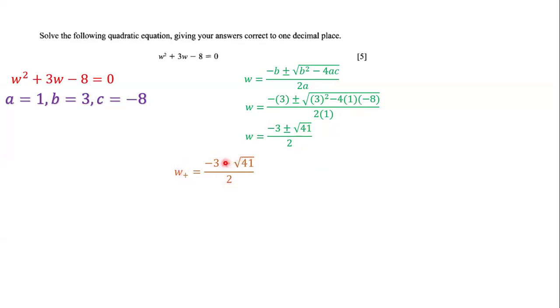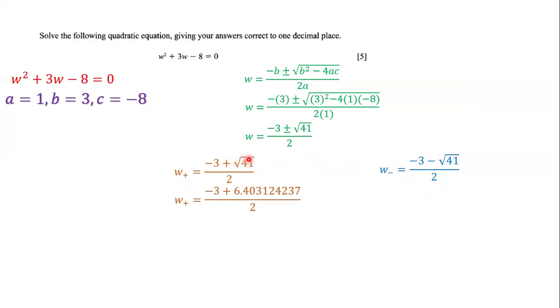W positive just means we put the positive sign between these two terms. Next, we have w negative, which means we put a negative between these two terms. Because it's plus or minus, we have to see what happens with a plus sign and what happens with a negative sign.